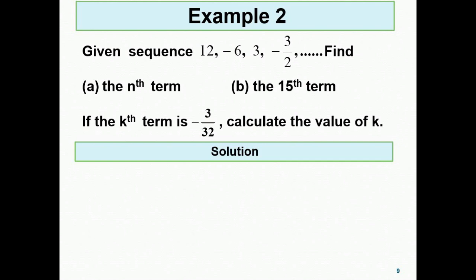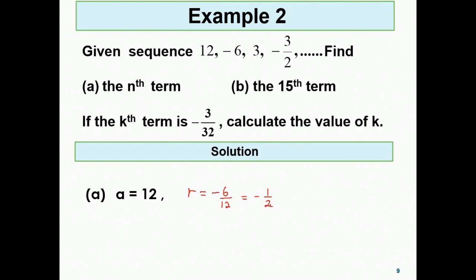Now, try to solve question A first. Given that the first term is 12, A is equal to 12, and the value R is defined as -6/12, which is equal to -1/2.